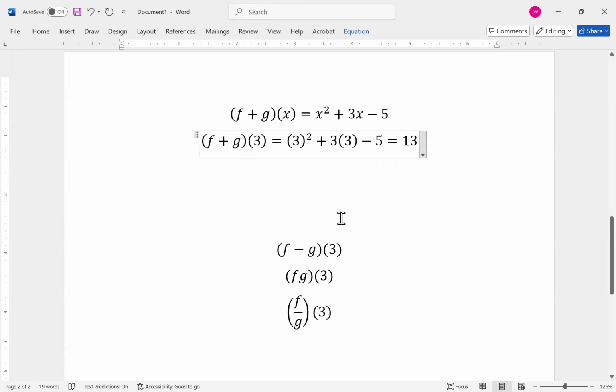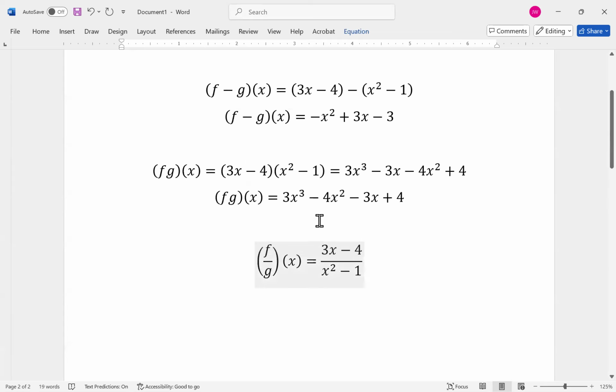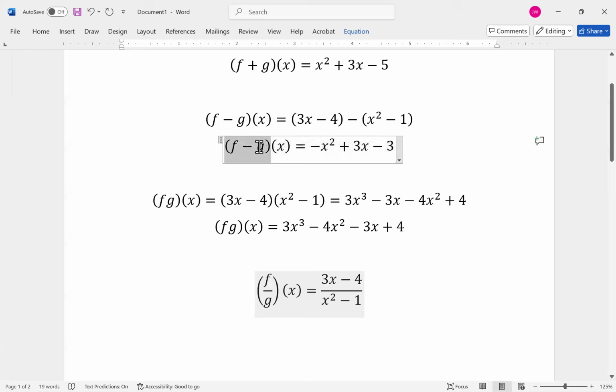We can do the exact same thing for f minus g of 3. Just go back up to our previous work. We found that f minus g of x is negative x squared plus 3x minus 3.